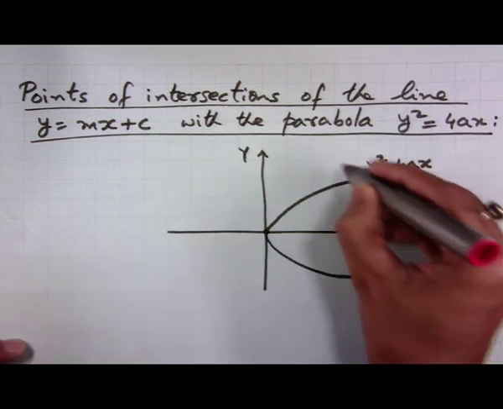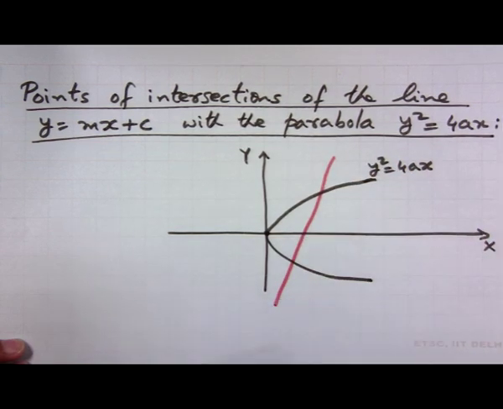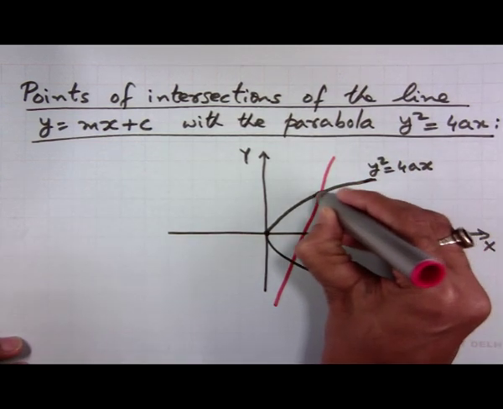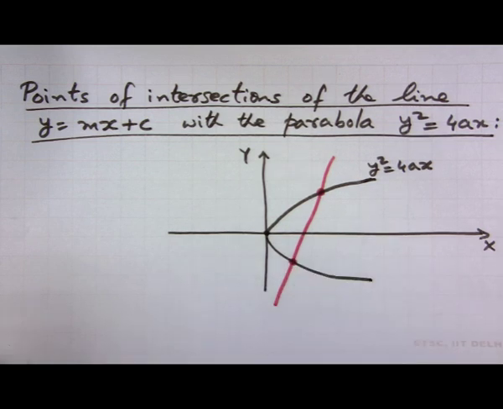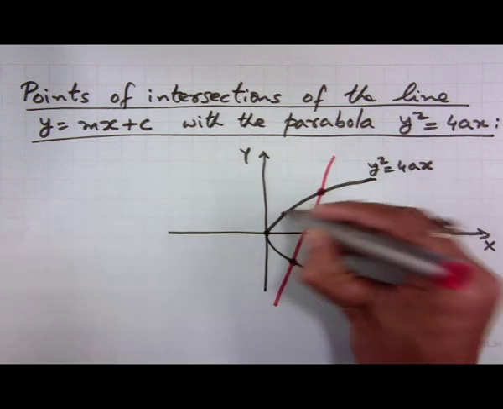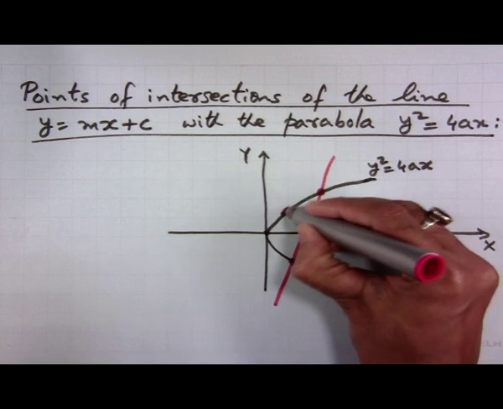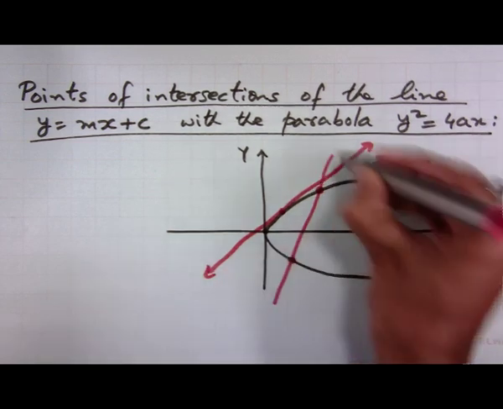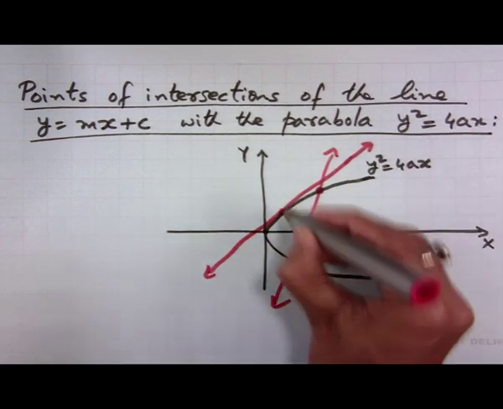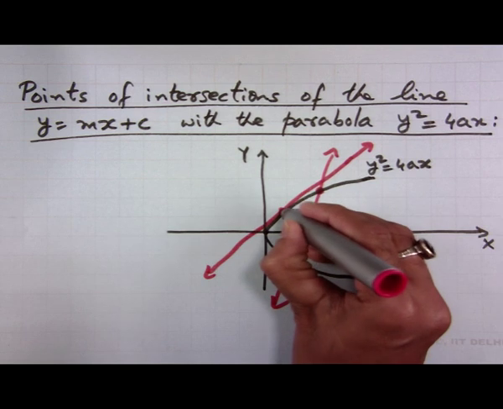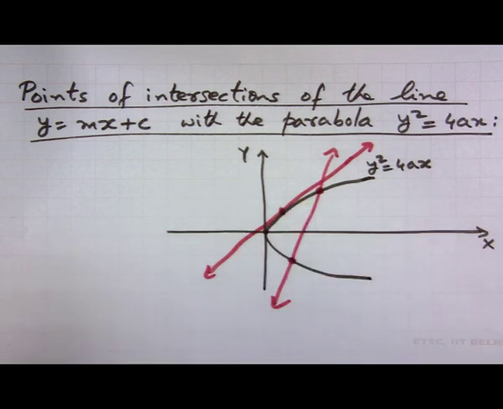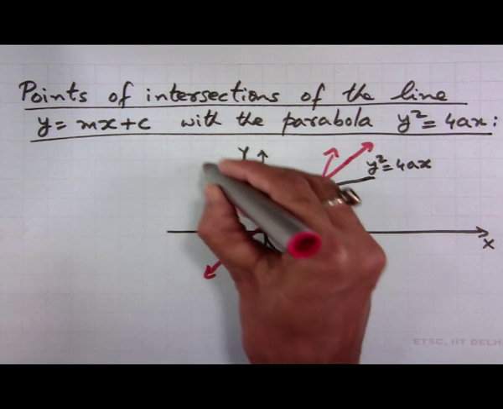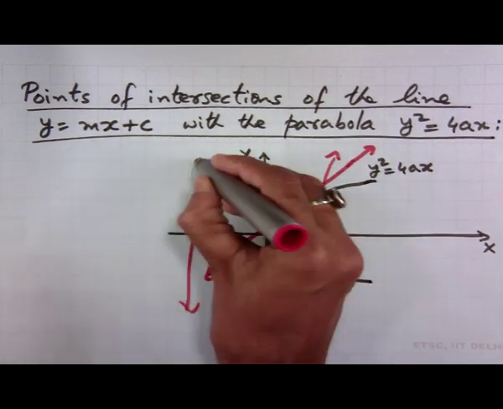We can have this line intersecting the parabola in 2 points, or we can have the line which intersects the parabola in only one point, in which case this line is tangent to the parabola, or it can happen that the line does not intersect the parabola, for example this.